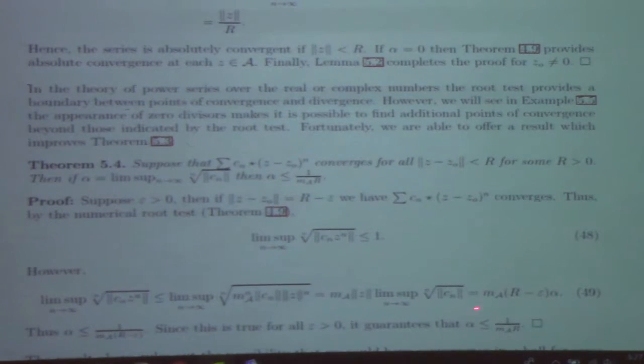I think from equation 49, the next line has some serious fault. You don't believe that? Yeah, I did a proof similar to that, and I think that is not possible. So you think this theorem is wrong? You suspect that this theorem is not true?